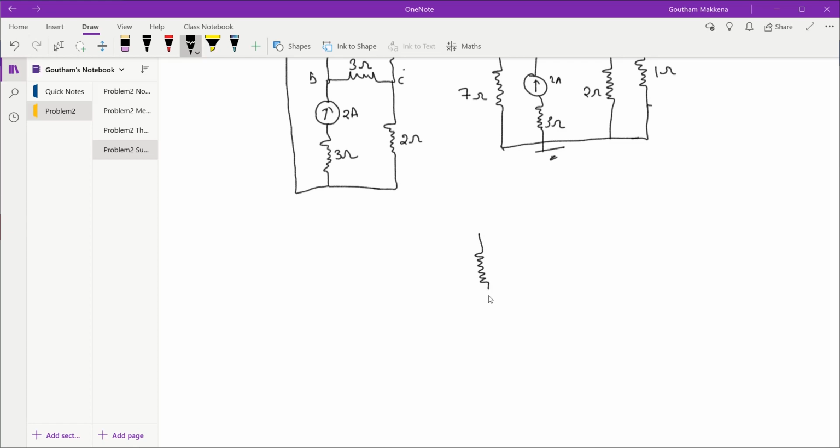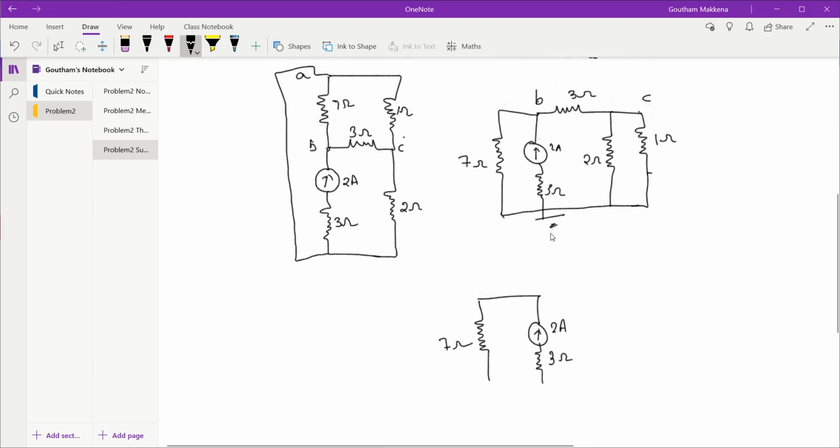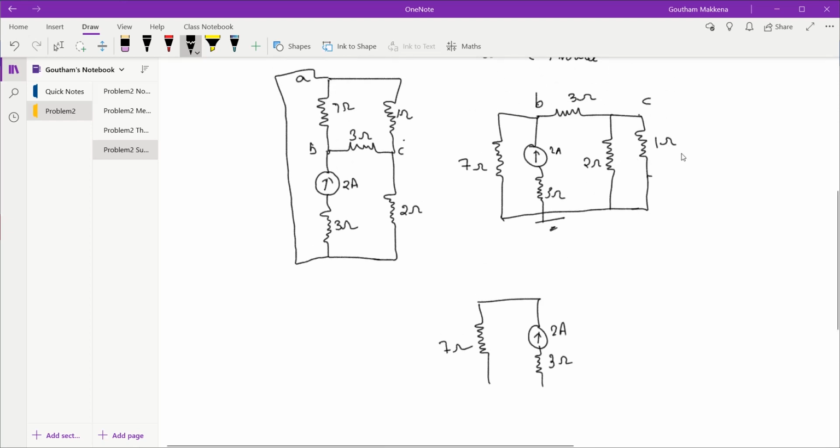Now if I redraw the circuit, this is what I have. So this is nothing but 7 ohm. This is 2 amps, which is in series with a 3 ohm resistor, and from this picture we can see that 2 and 1 are in parallel, and that parallel combination is in turn in series with 3 ohm. So 2 and 1 in parallel will give me 2 by 3 ohms.